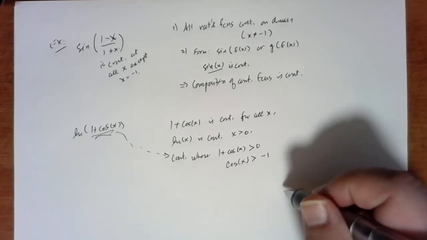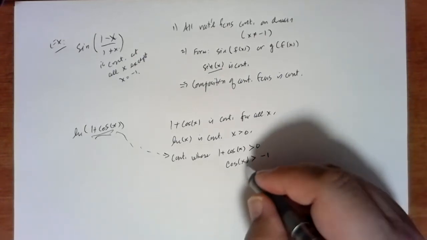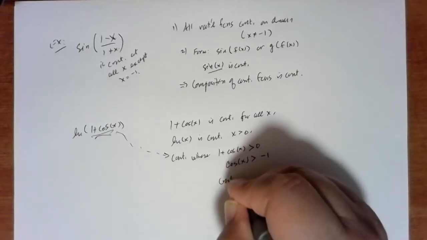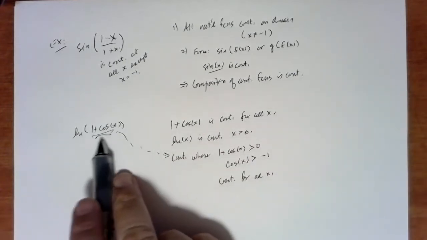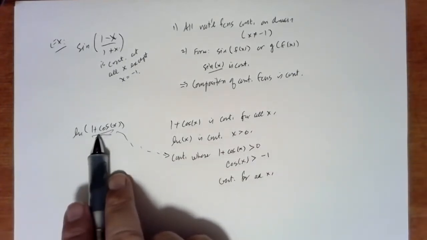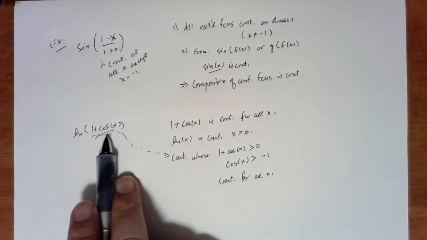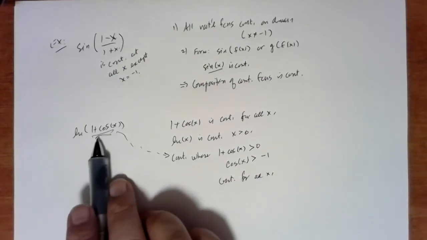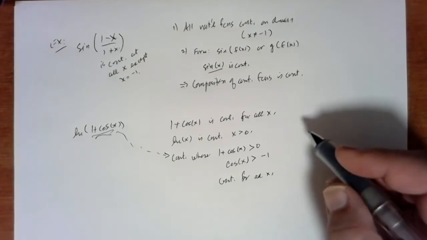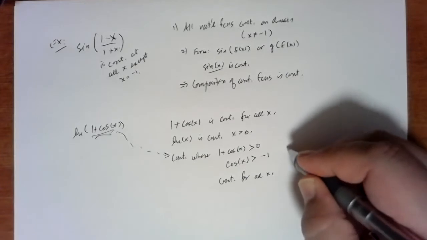And so therefore, this is continuous for all x. Good. Because again, 1 plus cosine... wait a minute. Is that true? I have to be a little bit careful, because sometimes the cosine of x is equal to minus 1, right? And I'm going to run into trouble there. So I do have to be careful about equals minus 1.